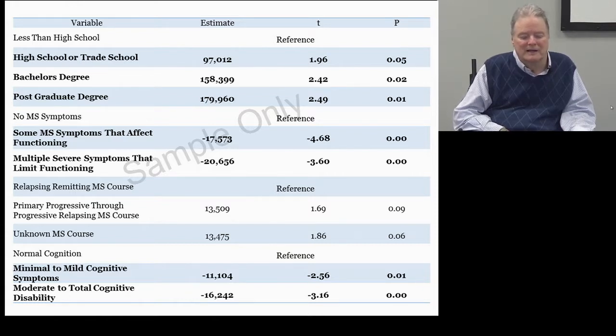And then lastly, as we'd expect, the cognitive symptoms were related to not only the diminished likelihood of employment, but if people were employed, they were likely to make less money.